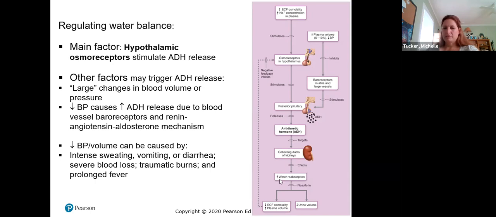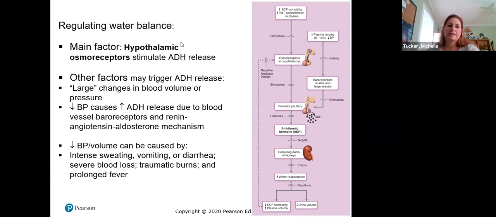That allows water reabsorption by the vasa recta, and it will return it to the extracellular fluid to return osmolality to normal. If we are looking at total plasma volume, so that other part, then if there is a decrease in plasma volume, the baroreceptors are not getting stretched, and then that is going to target the renin-angiotensin-aldosterone system, which we'll go back through in a second.